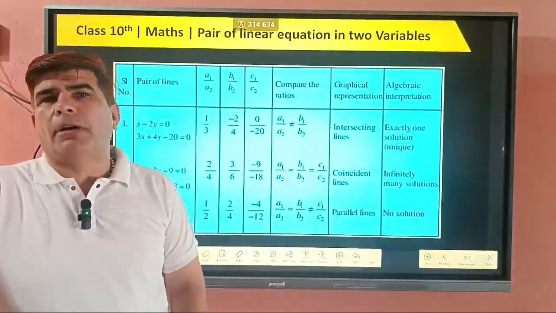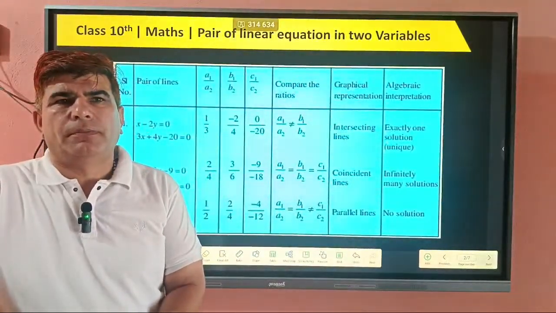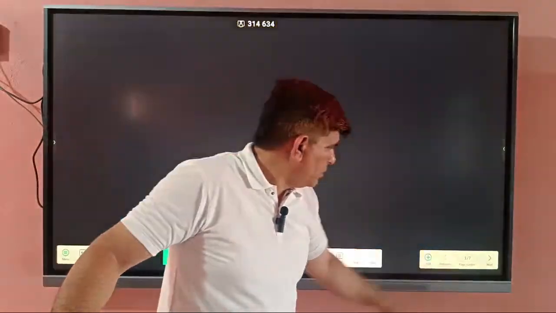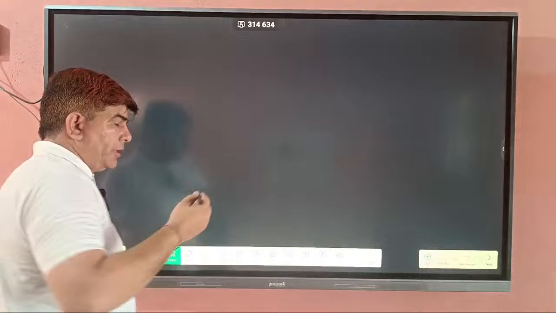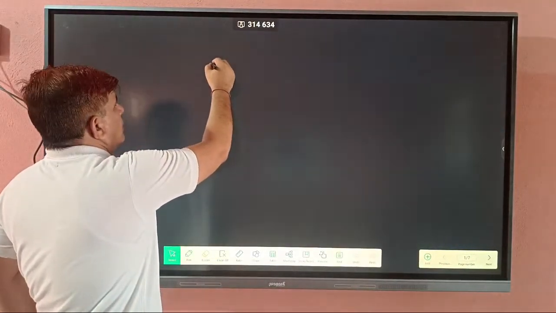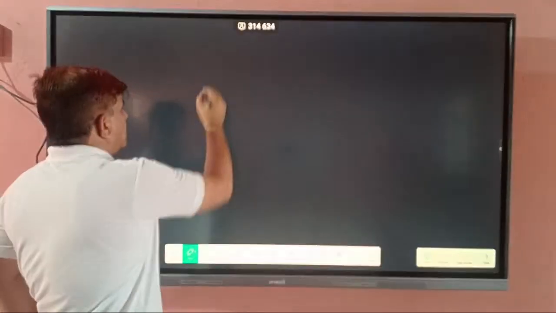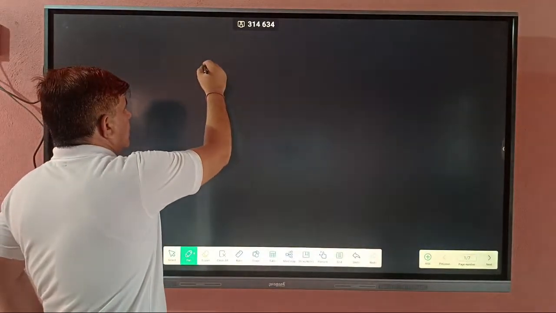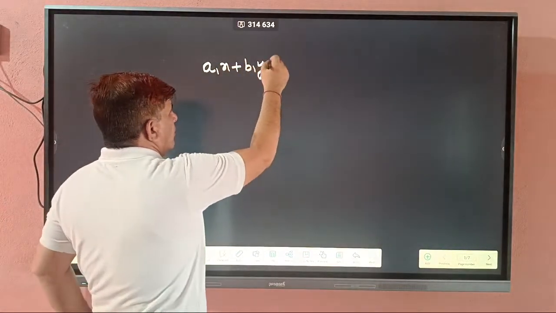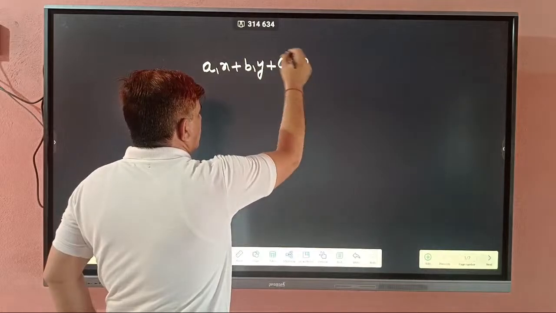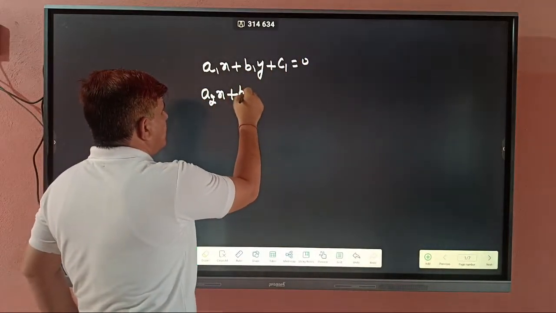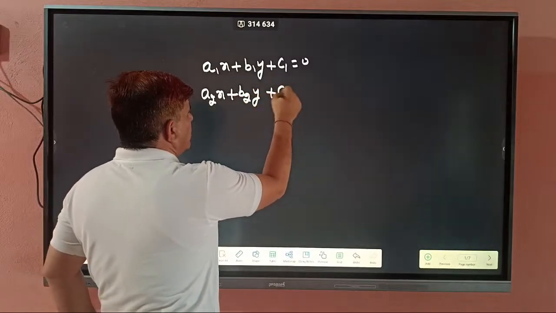Let's discuss the second part of this chapter. Yesterday I said that if a linear equation in two variables is given, the first is a1x plus b1y plus c1 equal to 0, and the second is a2x plus b2y plus c2 equal to 0.